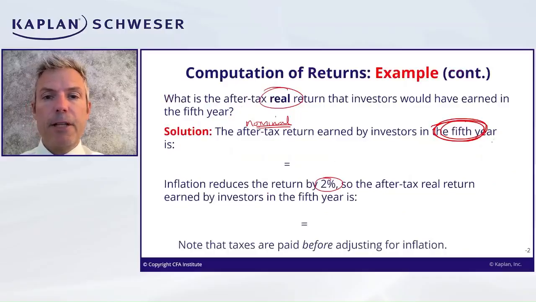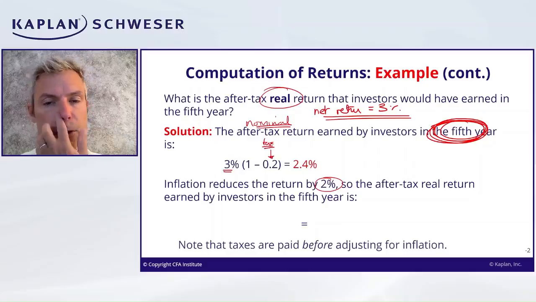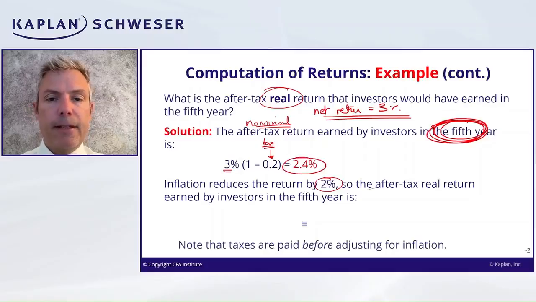So the net return, I'll write that on here, is 3%. First thing you'd do is adjust for taxes. There's us applying a tax to a net return, and we get 2.4%. And then inflation is going to erode that 2.4% even further. So remember, we're going to go with multiplicative returns here.